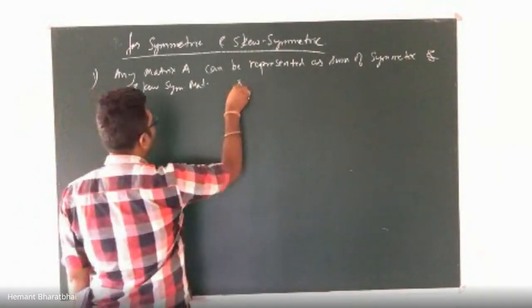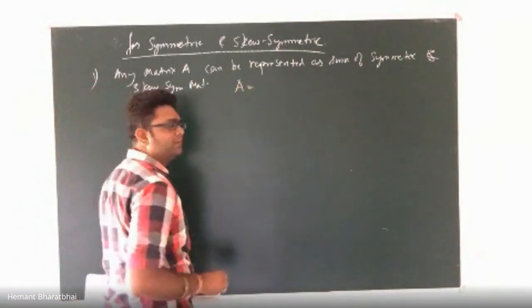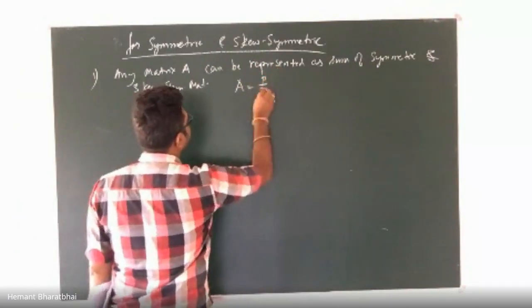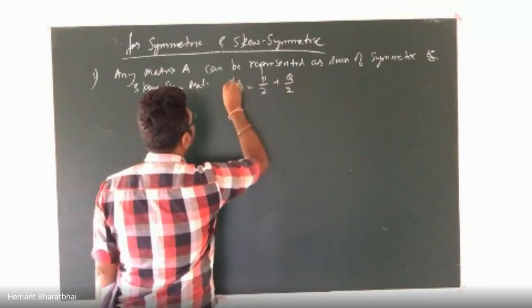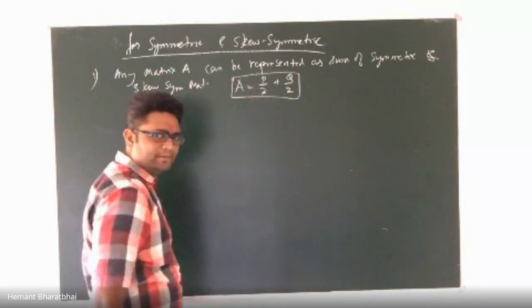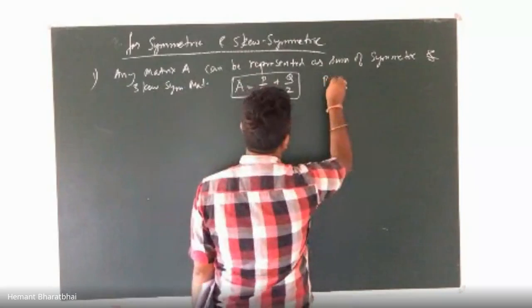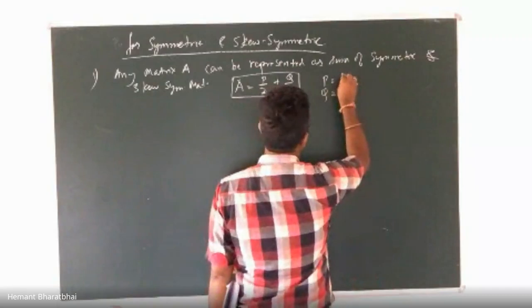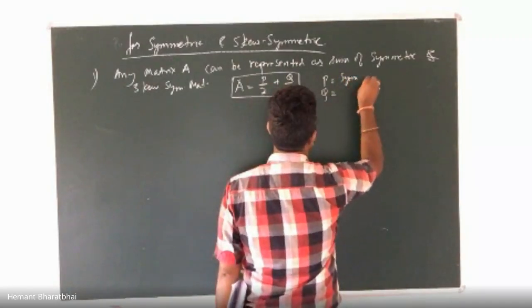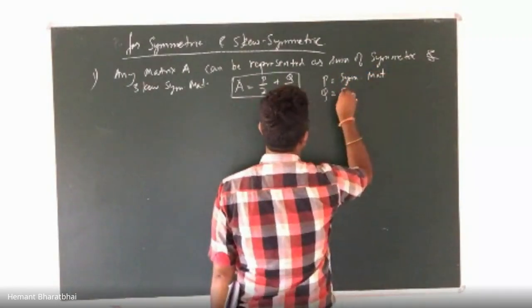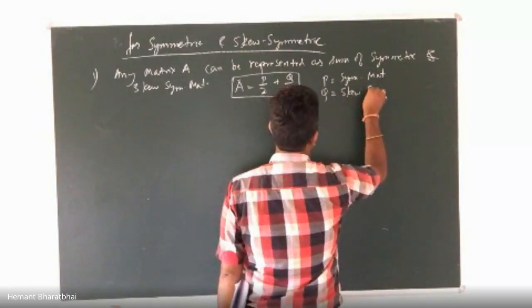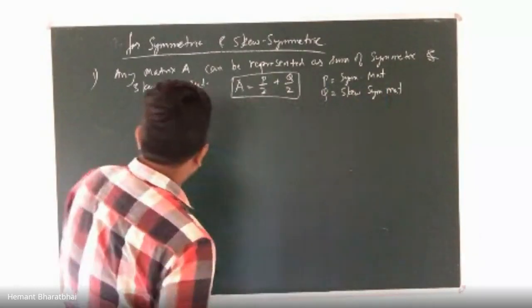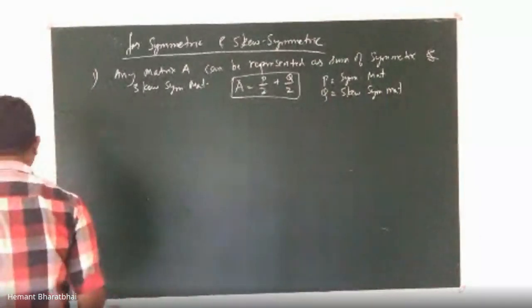And you can write it as P by 2 plus Q by 2, where P is your symmetric matrix and Q is your skew-symmetric matrix. I'll prove it, don't worry.